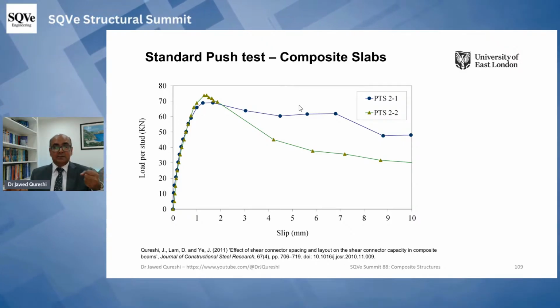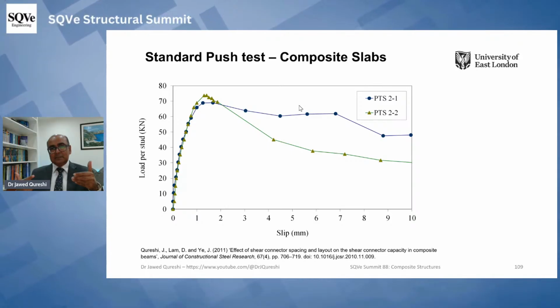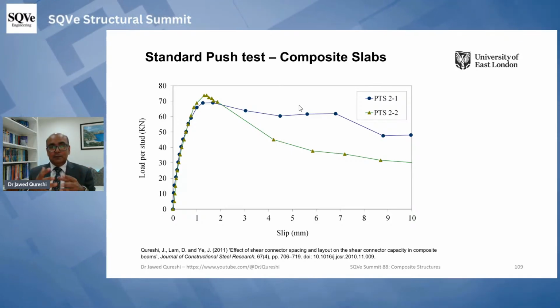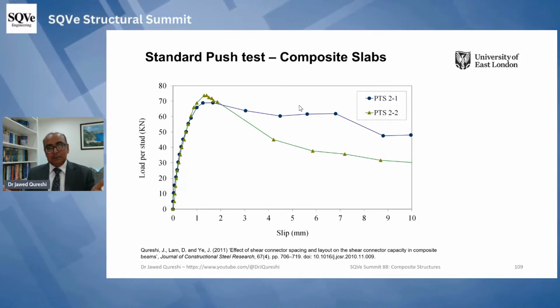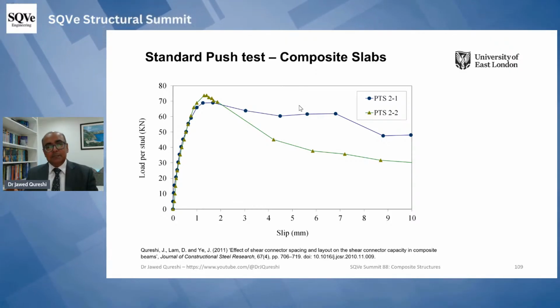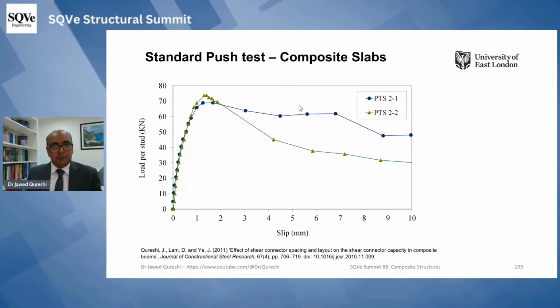And many researchers give this reason: this testing applies direct shear, whereas in real life, when we have a composite slab on top of the beam, flexure of the beam itself helps. So the failure is gradual. In that case, the slip does not happen until probably 10, 15, 20 millimeter.